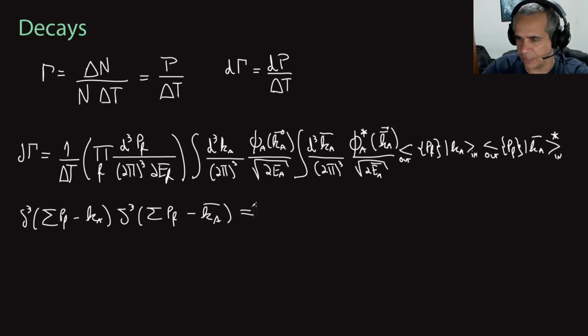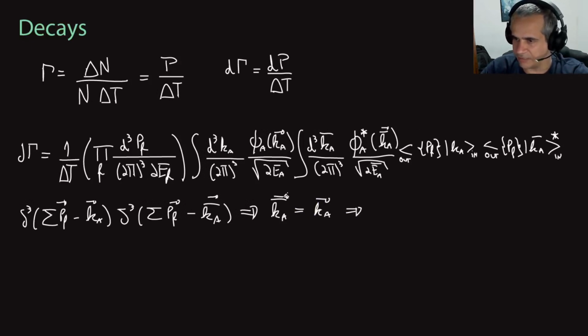Together, those imply that vector Ka bar, I'm picking up the 3 momenta here, is equal to vector Ka, which allows me already to simplify a lot here.